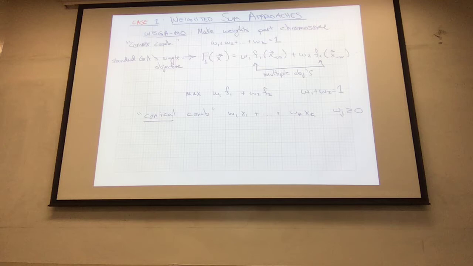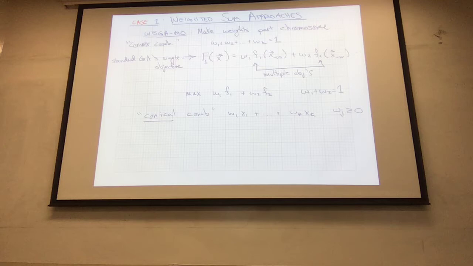We randomly draw them in one generation, and then we evaluate as if we had a single objective. Then the next generation comes around, and we randomly draw again with a different set of weights, a convex combination, and you do that over and over again. So every generation has a different balance of these. And that's the so-called randomly weighted GA.